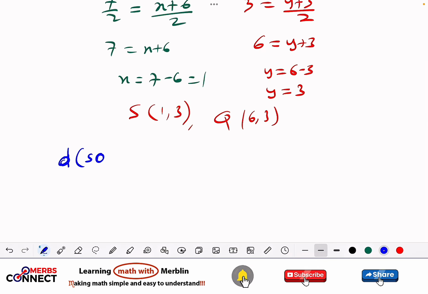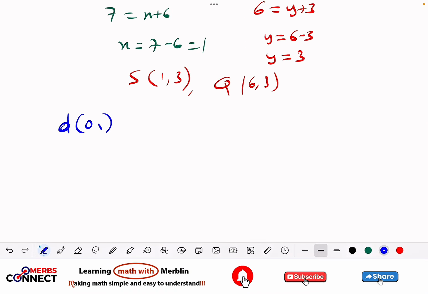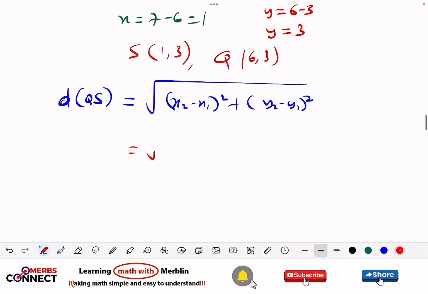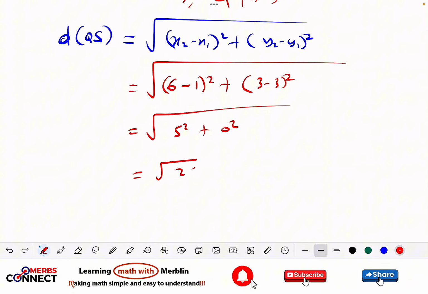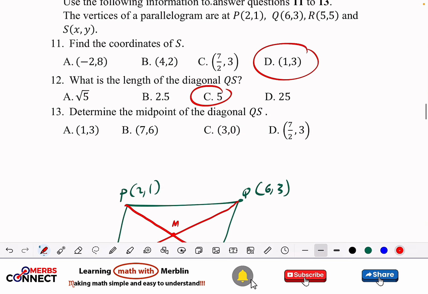Distance of QS: square root of x2 minus x1 squared plus y2 minus y1 squared. Let's just plug them in. 6 minus 1 squared plus 3 minus 3 squared. So this is square root of 5 squared plus 0 squared. This is square root of 25, and this is going to give us 5. So we are going to get this one to be 5.